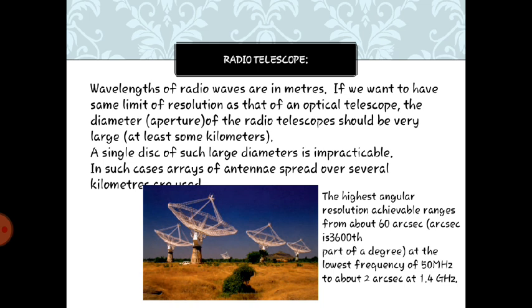We Maharashtrians use it to find out radio waves, and it has higher angular resolution. The GMRT, near Pune at Narayangaon, consists of 30 dishes of 45-meter diameter each, spread over 25 kilometers.